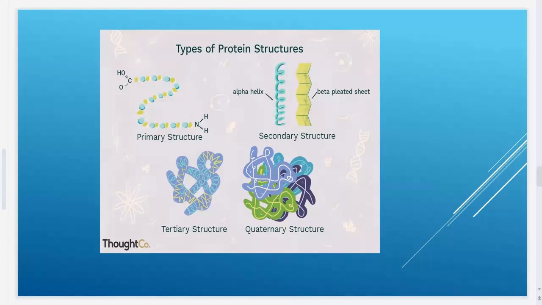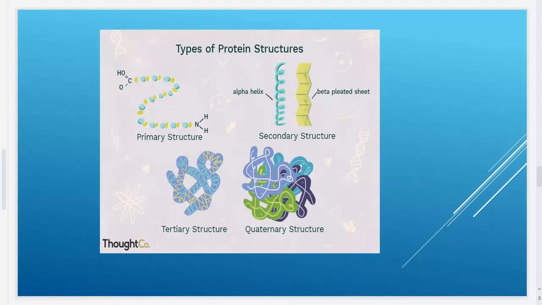There are two types of secondary structure observed in proteins. One type is the alpha helix structure. This structure resembles a coiled spring and is secured by hydrogen bonding in the polypeptide chain.